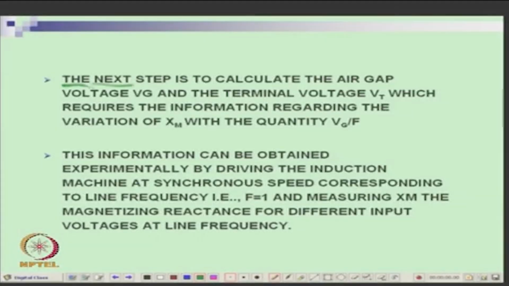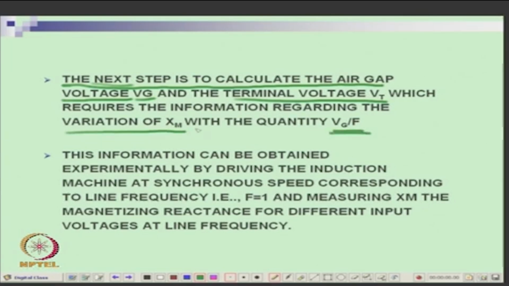Now, the next step is to calculate the air gap voltage Vg and the terminal voltage Vt, which requires information regarding Vg, Xm and the flux.